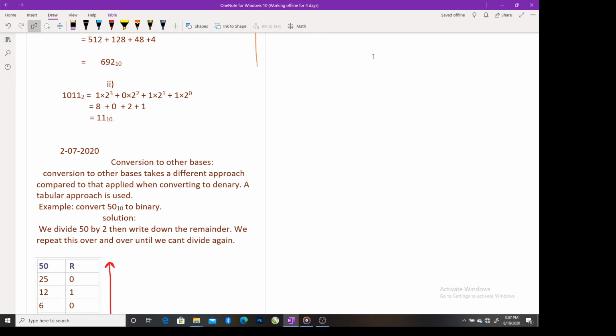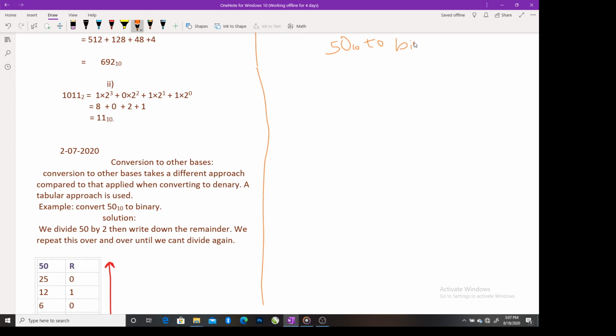And you're going to be using this tabular approach, and it is the principle of remainder. So you have 50 in base 10 to convert to binary.